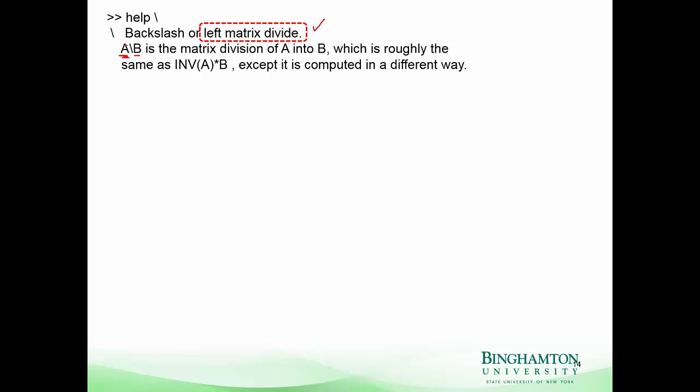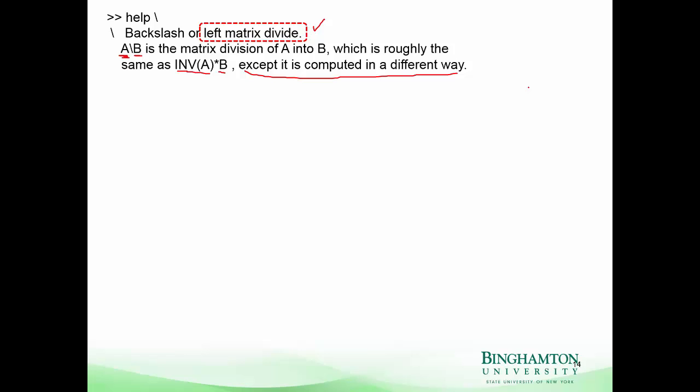So A left matrix divide B is the same as computing the inverse of A and multiplying it by B. And they say, except it's computed in a different way. So the result is theoretically the same, but it's done in a computational way that makes it a little bit more robust to numerical errors.